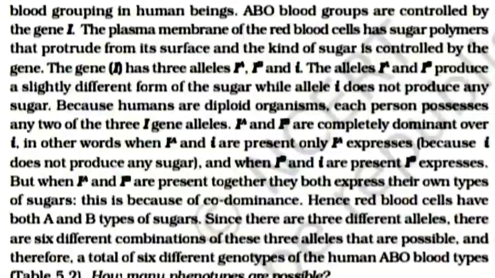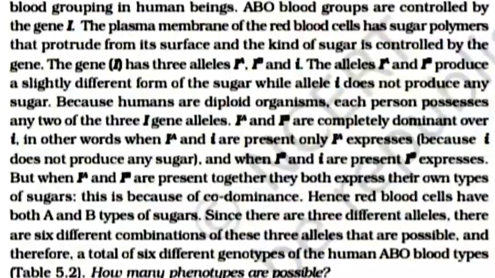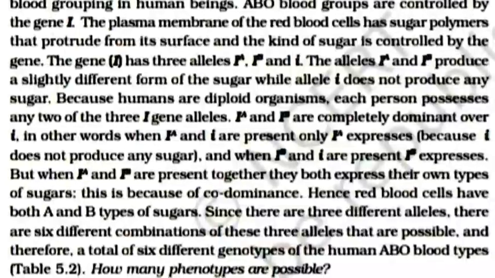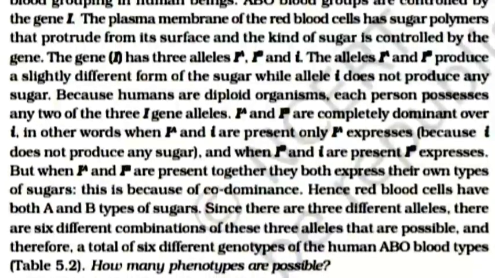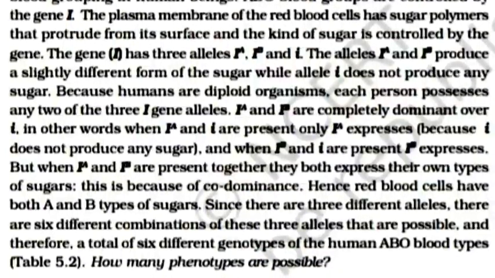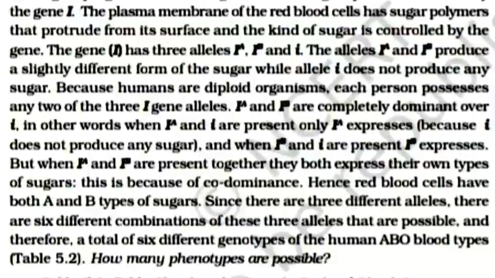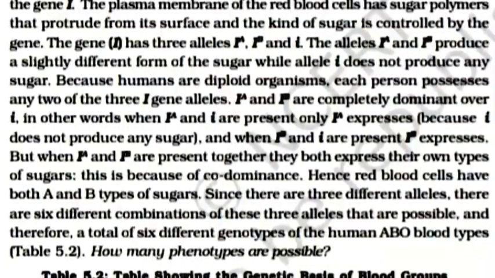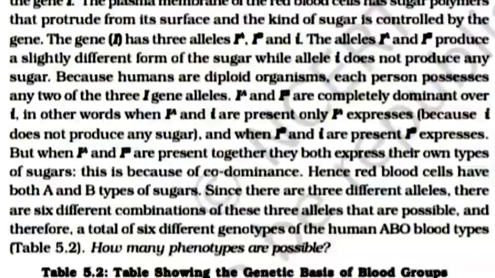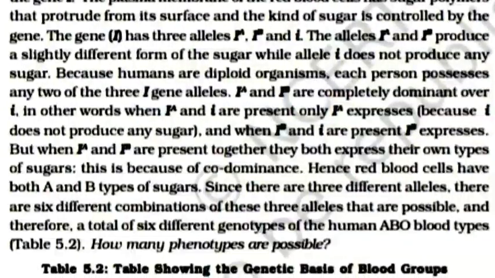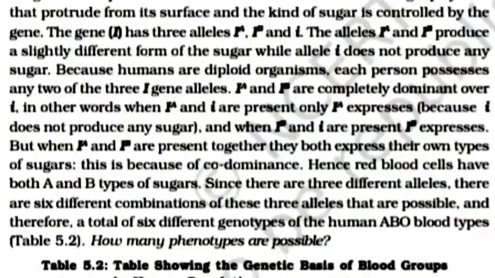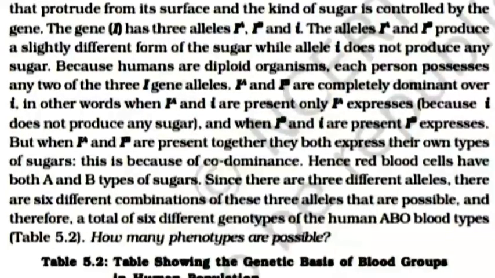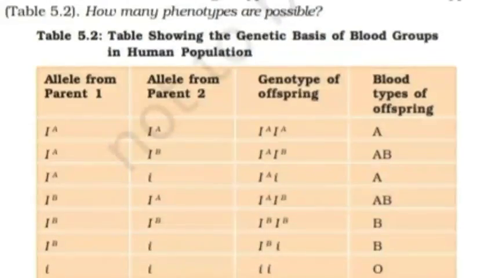This is because of codominance. Hence, red blood cells have both A and B type of sugar. Since there are three different alleles, 6 different combinations of these 3 alleles are possible, and therefore a total of 6 different genotypes of the human ABO blood groups. However, fewer phenotypes are possible.